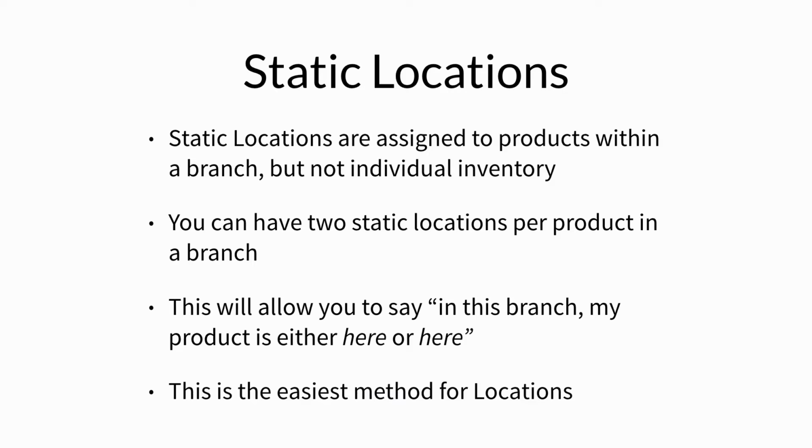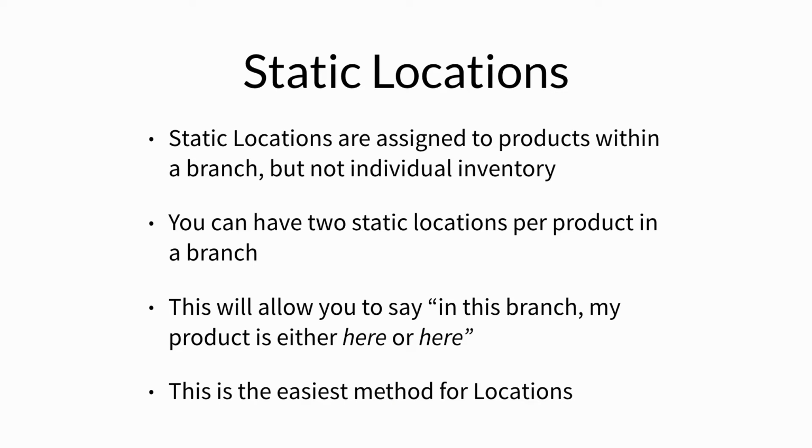And so by assigning only two locations to a product and not inventory items, that makes it quite an easy method to use for locations. And secondly, it's going to make your stock take a lot easier as well, because you're just assigning a location to a product as opposed to the actual specific number of inventory items for that product.